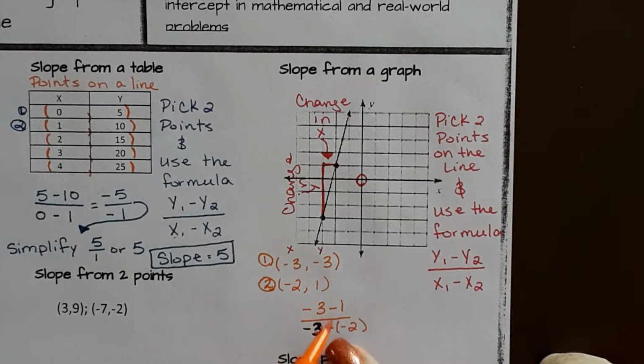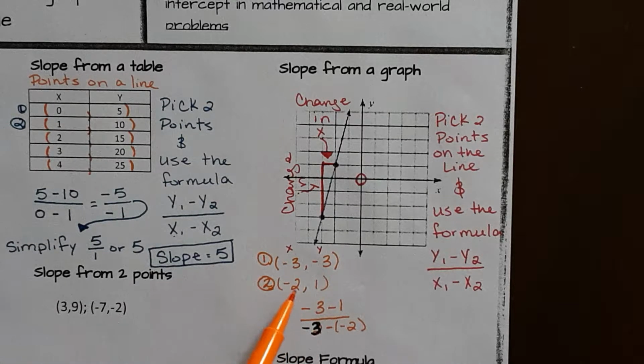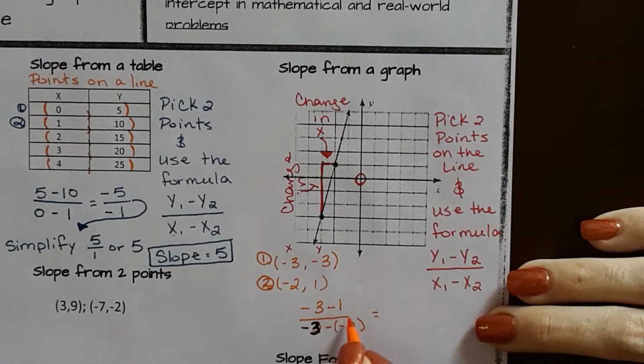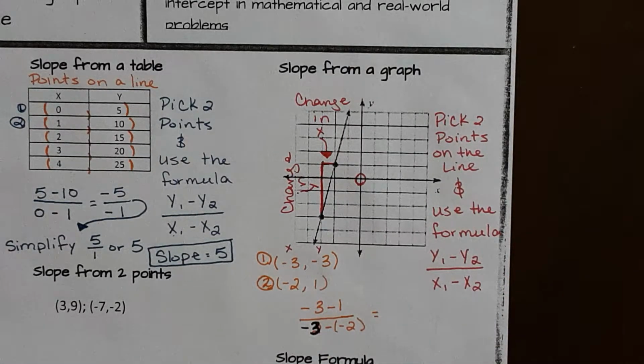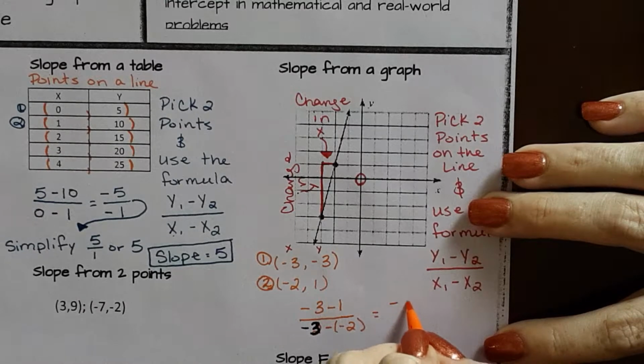The minus sign between the two values does not take the place of the negative sign for the symbol. So if you have a negative point, you need to subtract that negative point. So, -3 minus 1. When you subtract from a negative, your number becomes more negative, and we get -4.